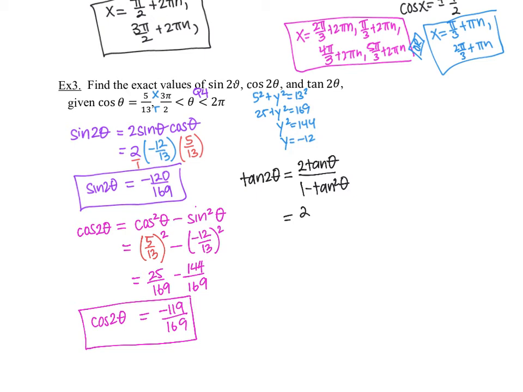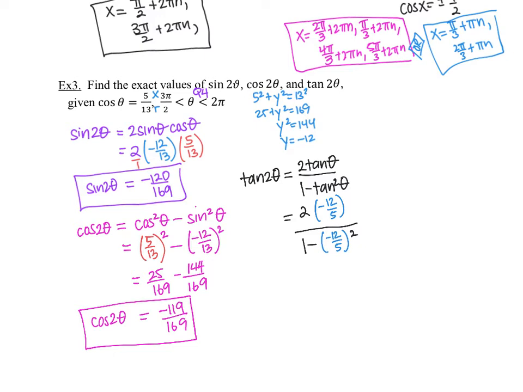So 2 times the tangent. Tangent is y over x, so negative 12 over 5, over 1 minus negative 12 over 5 squared.